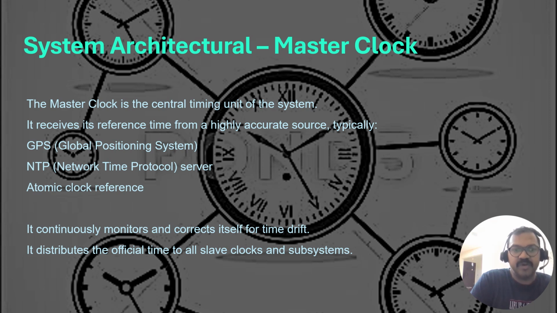It continuously monitors and corrects itself for time drift, and it distributes the official time to all slave clocks and subsystems. This is a major function of the master clock. Wherever time drift happens, it corrects itself and distributes the official time to all slave clocks and subsystems.